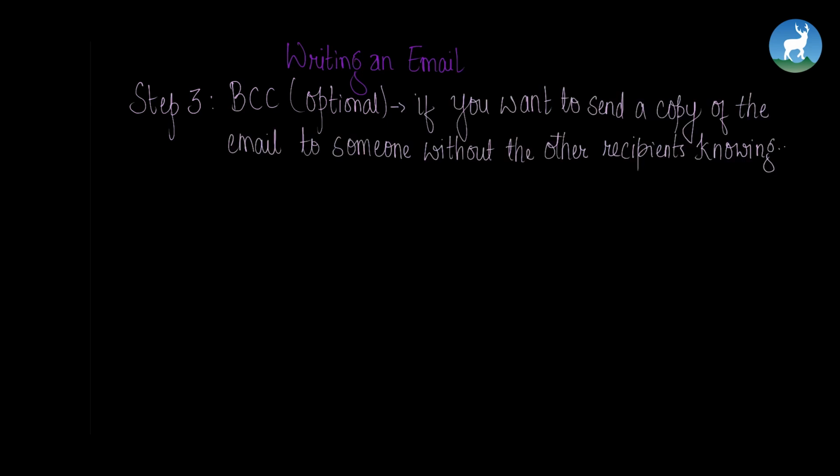For instance, you don't want to let any of the other people know that you have sent a copy of your email to someone else. So what do you do? You use BCC. If you use this option for writing down the email address, other people are not going to know who the other people are that you have sent the email to. BCC is known as blind carbon copy.